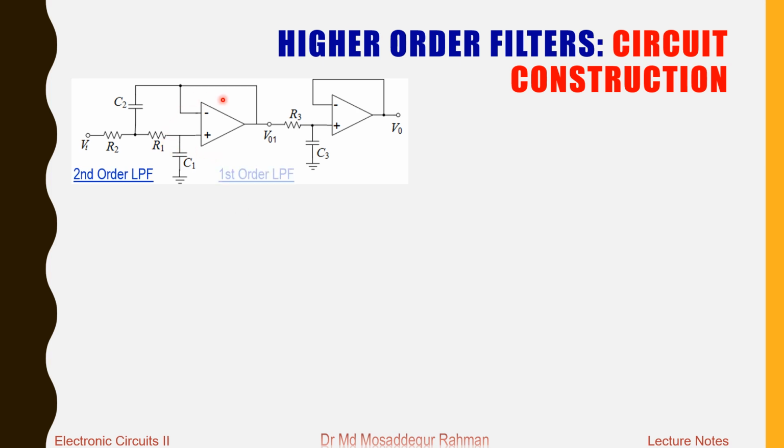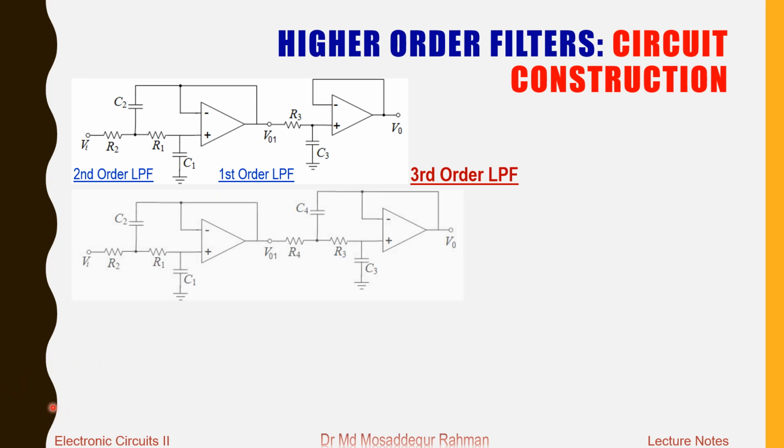If we join a first order filter circuit with the second order Sallen and Key low pass filter, then we'll get a third order low pass filter. If you want a fourth order low pass filter, we join two second order filter circuits in series, that is, two Sallen and Key low pass filters joined in series, and we get a fourth order low pass filter.